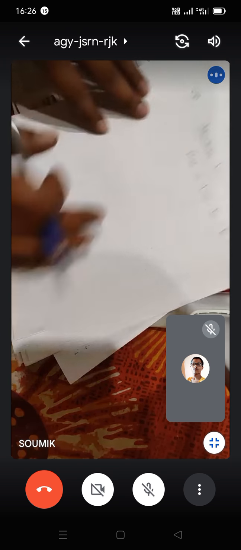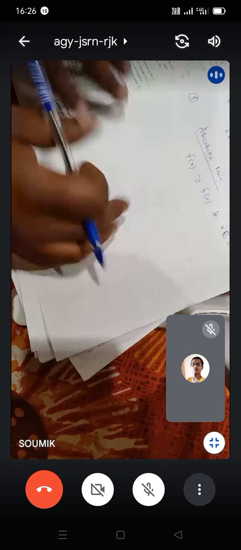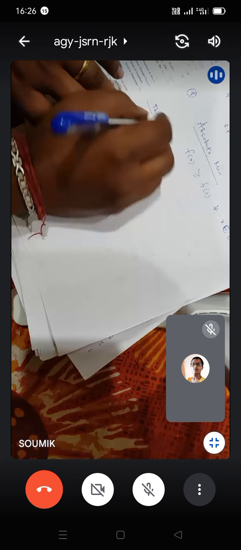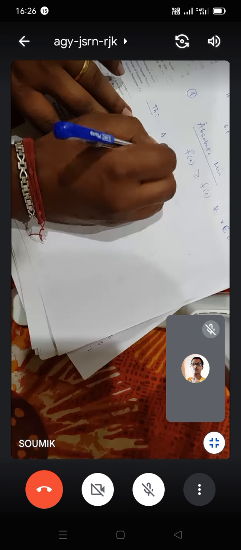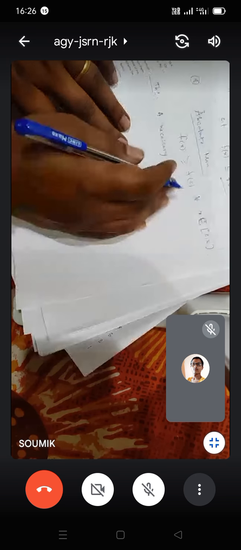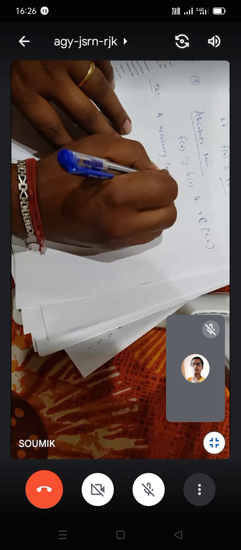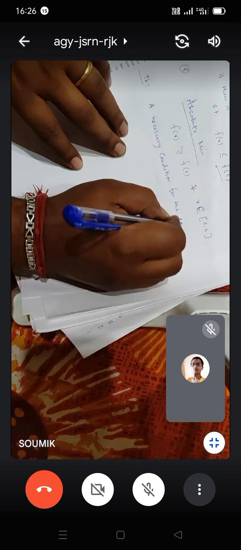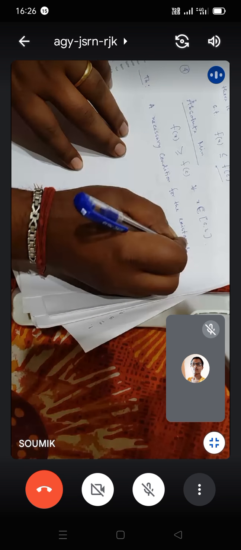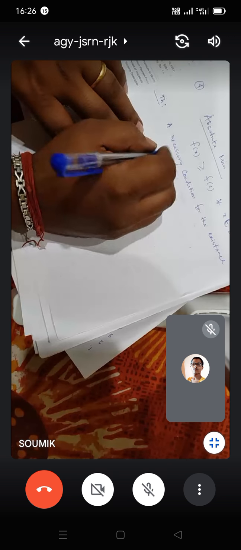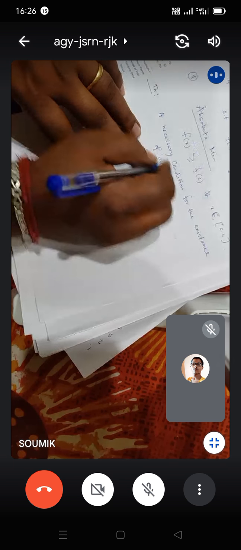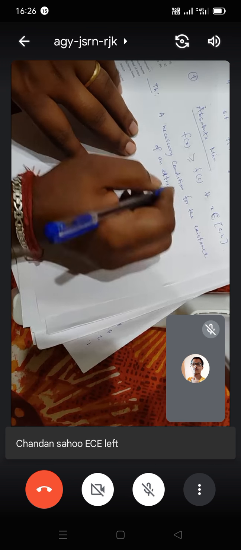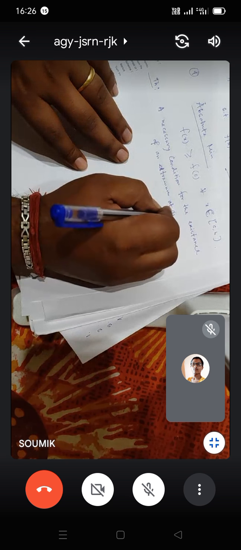So now we come to the theorem. The theorem is a necessary condition for the existence of an extremum at an interior point.